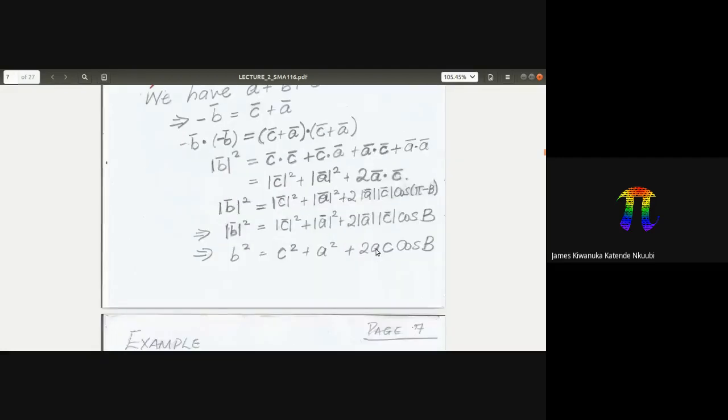That's why I have used it, because it's familiar. So this proves the cosine rule using vectors. B squared is equal to C squared plus A squared plus 2AC times the cosine of the angle between the vectors A and C, which is just B.